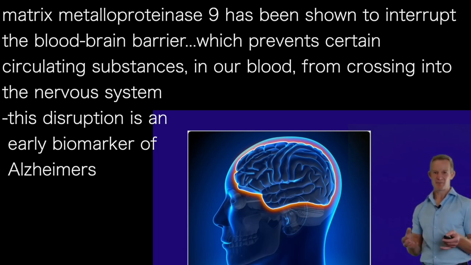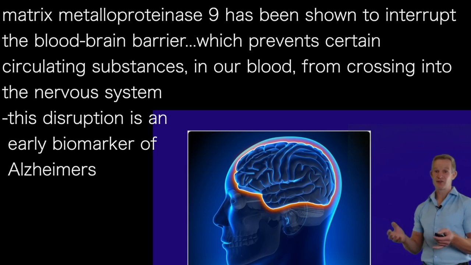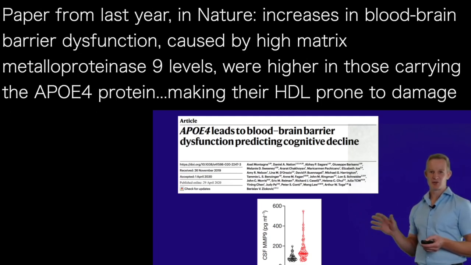The blood-brain barrier basically prevents certain circulating substances in our blood from crossing into the nervous system, where our brain resides. And disruption of the blood-brain barrier is an early biomarker of Alzheimer's disease. And this significance was demonstrated in this paper from last year, which was published in Nature.